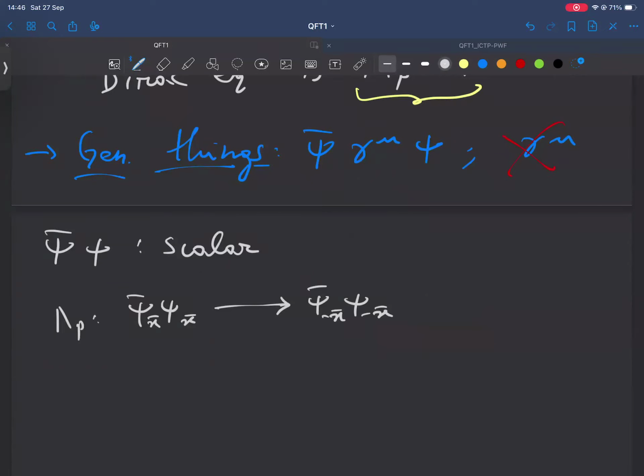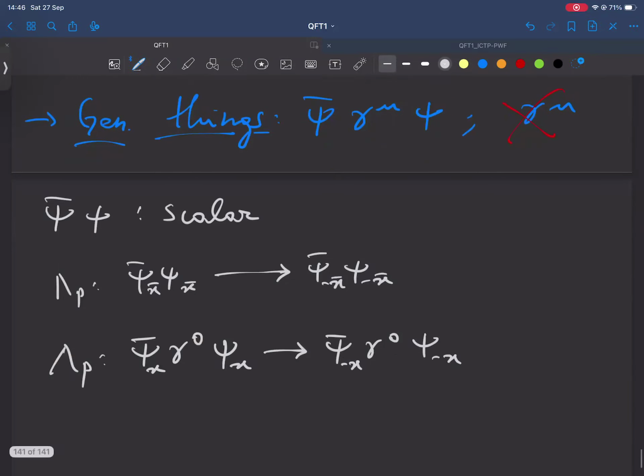Now you can show that for vectors, that is psi bar gamma 0 psi of t, x, that maps to psi bar gamma 0 psi with minus x. And for the space parts, this maps to minus of, so let me explicitly show you this once and then you can do it.